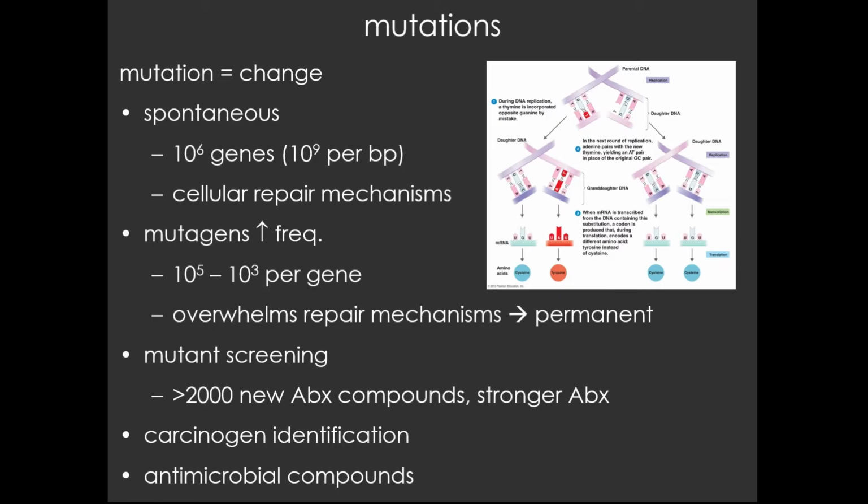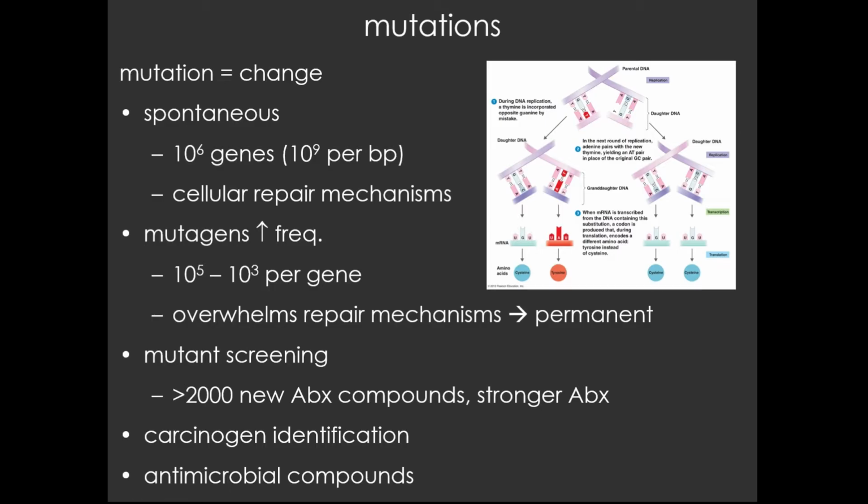The other reason that we talk about mutations in general microbiology is that microbiology and microorganisms in particular are used to screen for mutagens and a subset of mutagens called carcinogens, which can cause cancer.